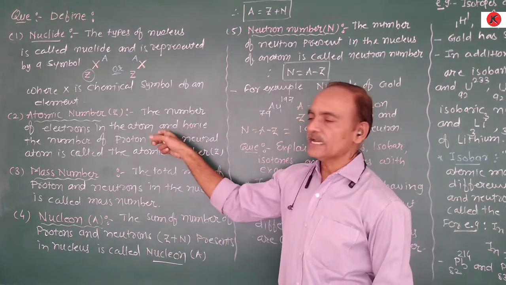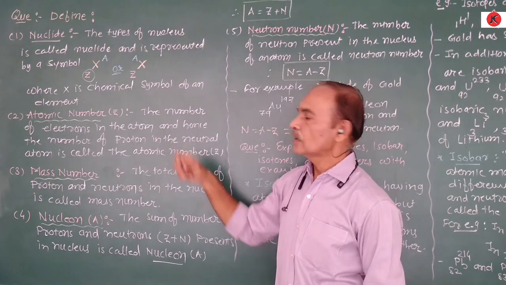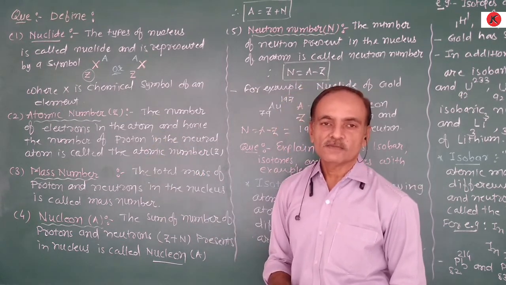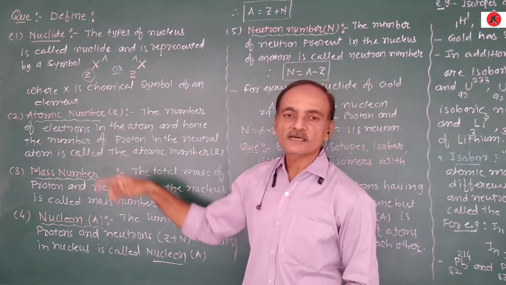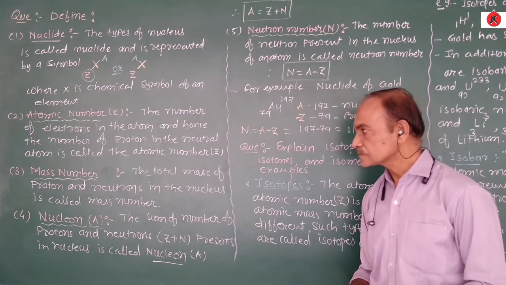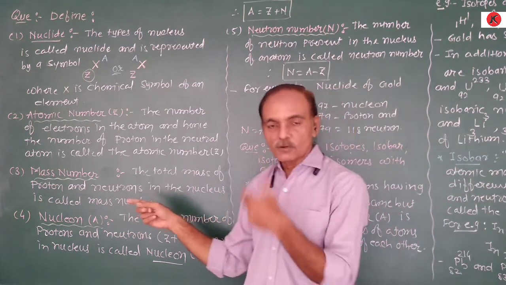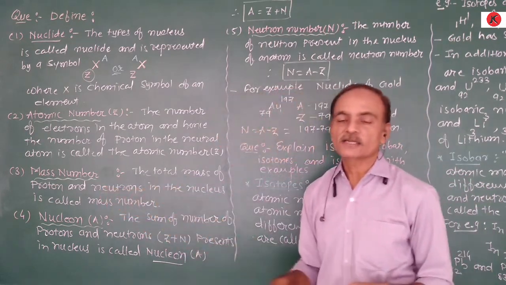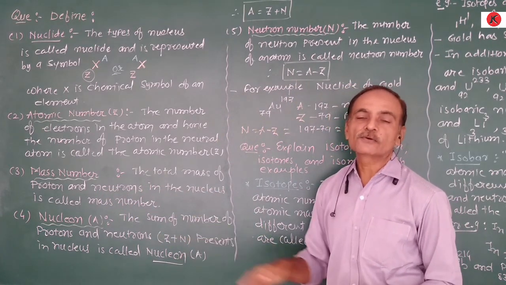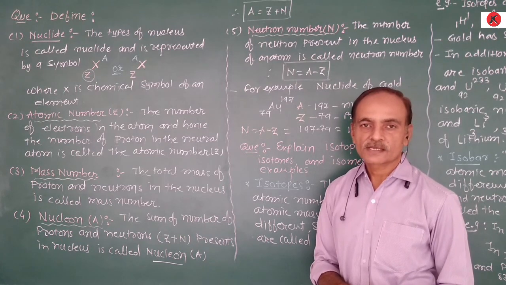What is the atomic number? The number of electrons in the atom, and hence the number of protons in the neutral atom, is known as the atomic number Z. After that, what is the mass number? The total mass of proton and neutron in the nucleus is known as the mass number. What is the nucleon number, capital A?